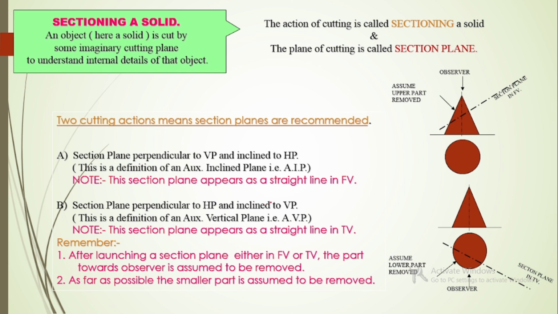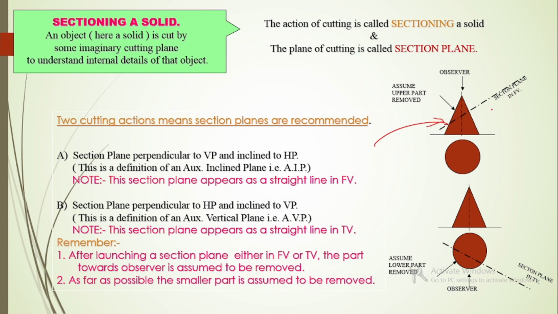We have already discussed that term, auxiliary inclined plane, in the previous classes, and we can represent that type of plane, which is perpendicular to VP and inclined to HP, as the vertical trace, in the front view, just like this.